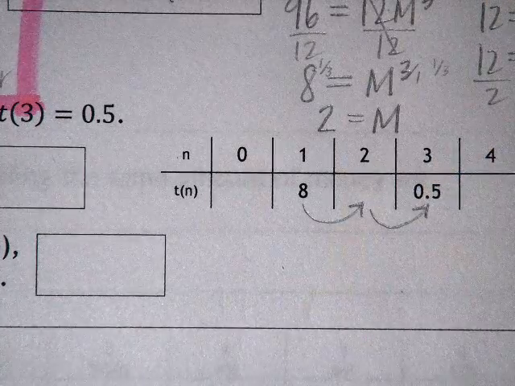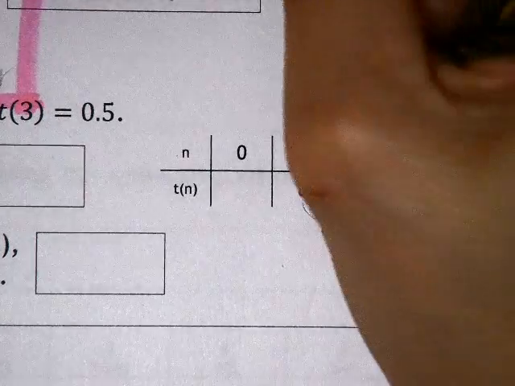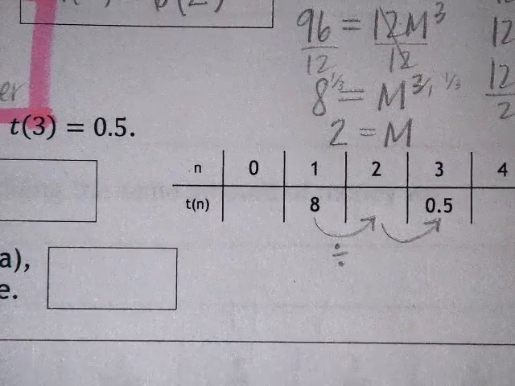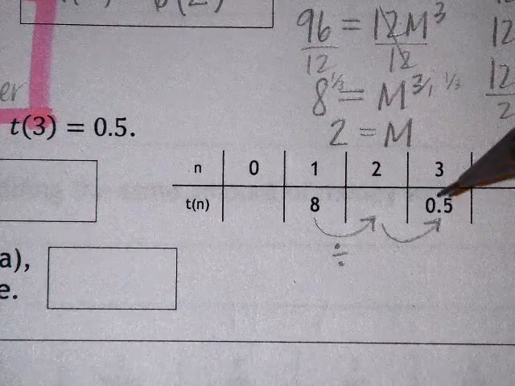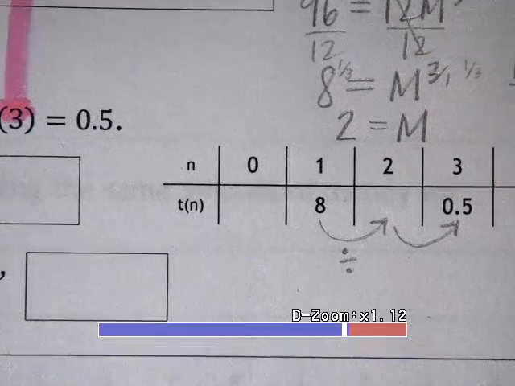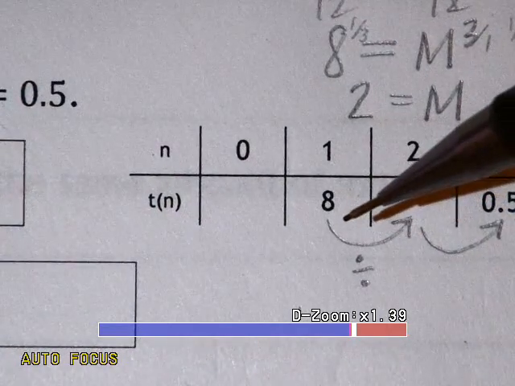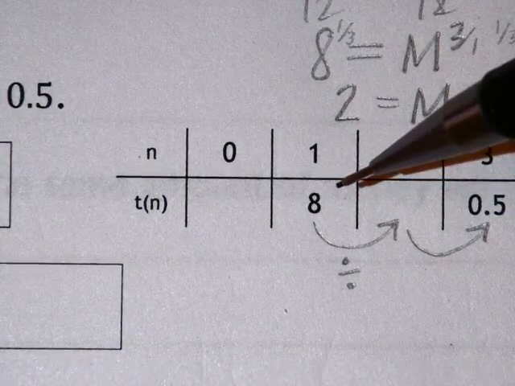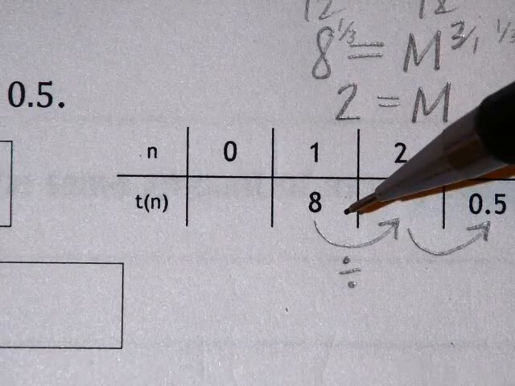Now, if the idea of multiplying by a fraction is just too confusing to you, perhaps thinking about dividing will help. Let's maybe think about dividing. Now, I'm going to end up with a number like 0.5, which isn't the friendliest number, but let's think of dividing things that work nicely with 8, and let's see if we can find something that works. For example, 8 is divisible by 2.